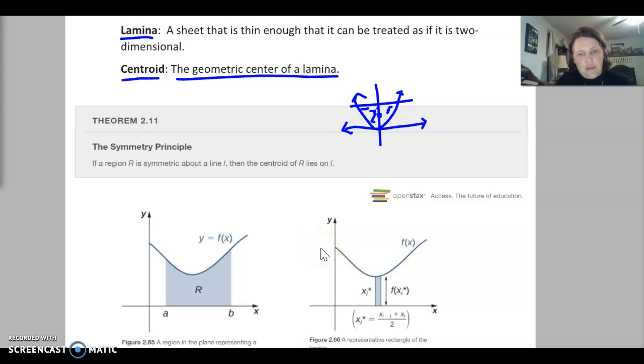Alright, so then going on, a lamina is going to be a shape like this. What we looked at in the last video was that we had a rod, and with the rod we said that the mass could be a variable, so an equation. So we could say that rho was some kind of an equation.